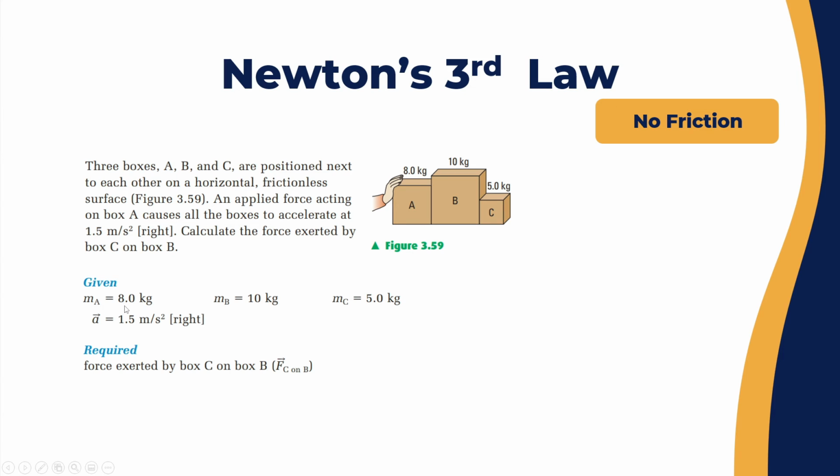Given, we have the mass of box A 8 kilograms, mass of box B 10 kilograms, mass of box C 5 kilograms, acceleration of the whole system. If you remember when we talked about systems, the 3 boxes are the whole system. The acceleration is 1.5 meters per second squared to the right. Required: force exerted by box C on box B, so we can represent that as the directional force of C on B, or F C-B, whatever you want.